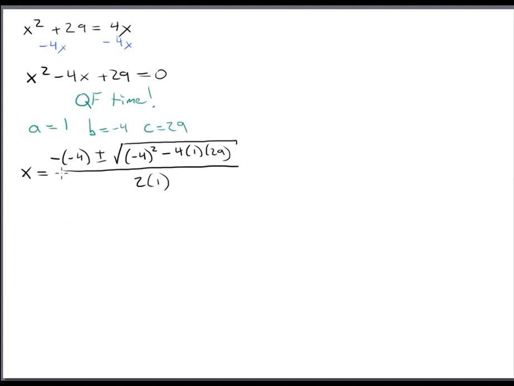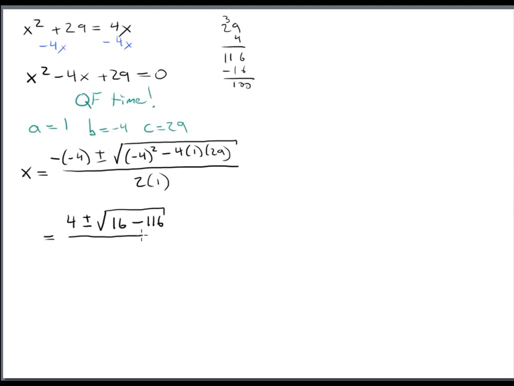Let's start simplifying. Negative negative 4 will give us a positive 4. So that's positive 4 plus or minus the square root of, I get 16 minus, well, no wonder I didn't see a factorization. Let's see here, 29 times 4, 116. And when we subtract 16 from that, we're going to get negative 100.